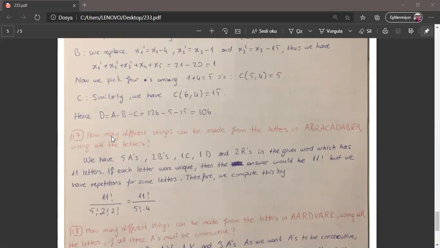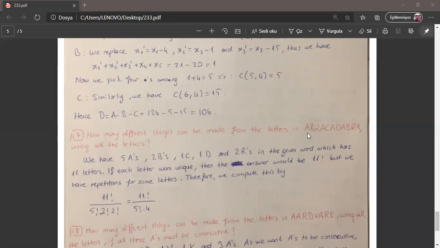Now for this question, we want to find the number of strings which can be made by these letters, but we need to use all letters. So here we have 11 letters.